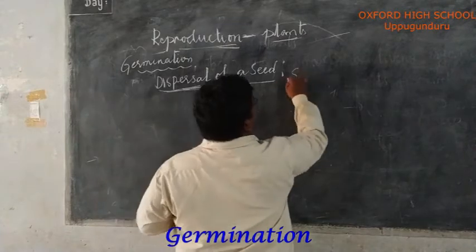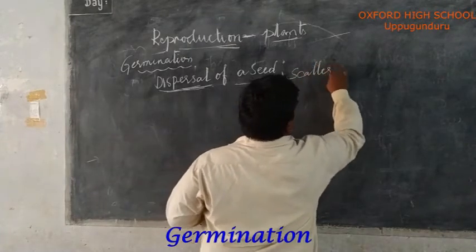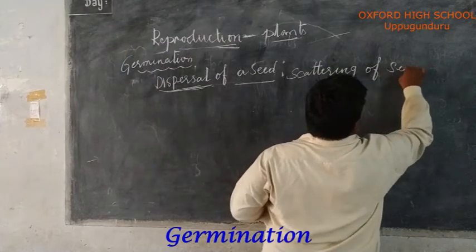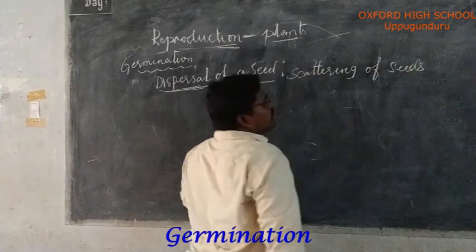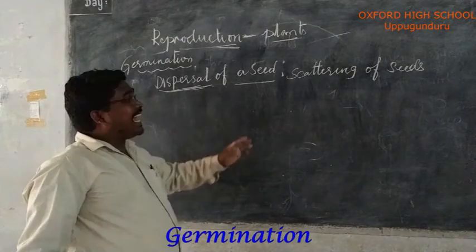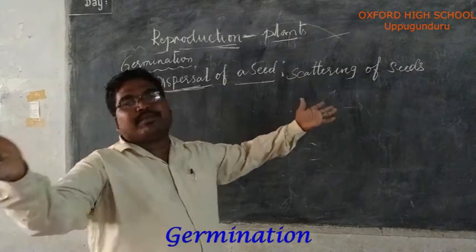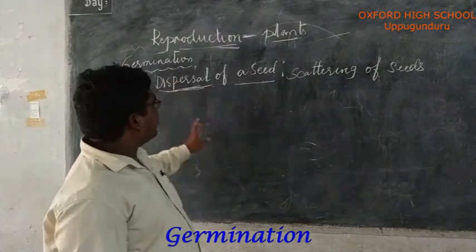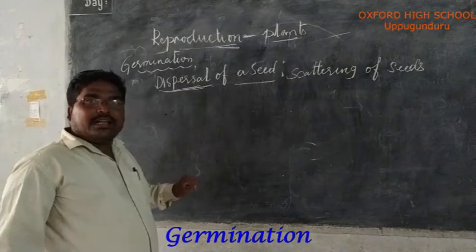Scattering means to move away from the parent plant. The scattering of seeds away from the parent plant is called dispersal.